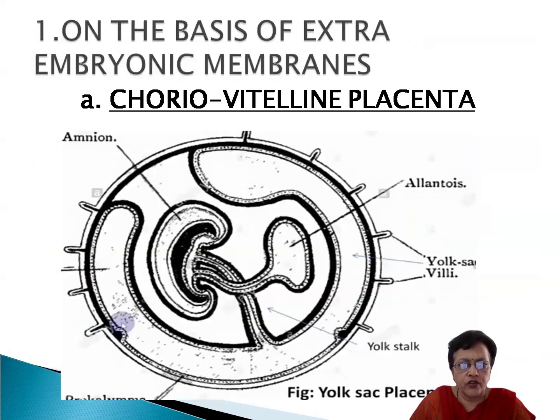So on the basis of extraembryonic membrane, we can say that there are two kinds of placenta: choriovitelline placenta and chorioallantoic placenta. So first, taking into account choriovitelline placenta, the chorionic part is present in the form of chorionic villi, and allantois is a smaller part, but the yolk sac part is very big.